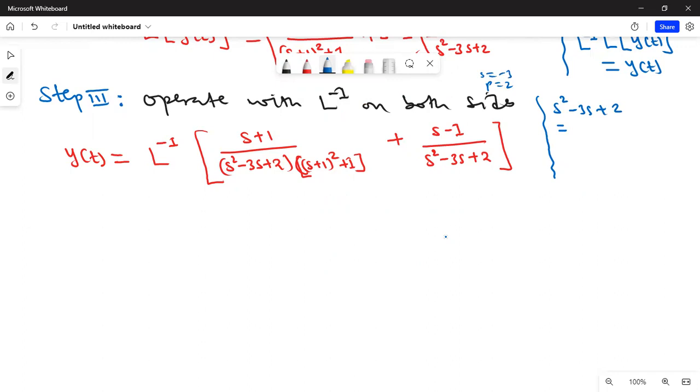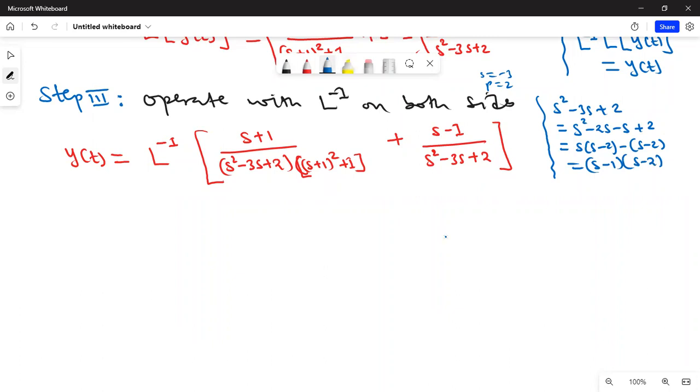So which two numbers will give you the sum to be negative 3 and the product is 2? The numbers are negative 1 and negative 2. So that's s squared minus 2s minus s plus 2, which gives s times (s minus 2) minus (s minus 2). So this is the same as (s minus 1) times (s minus 2). So that's what we have.